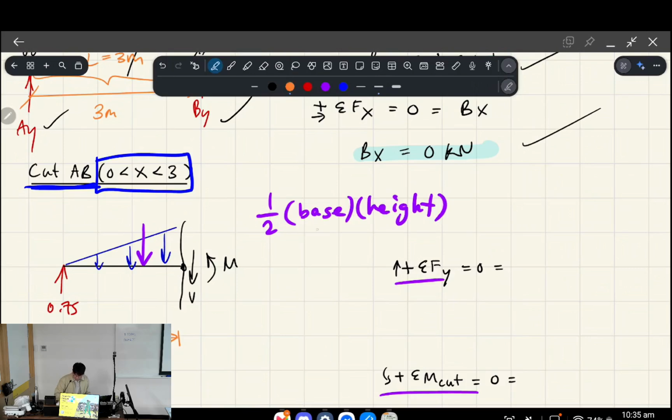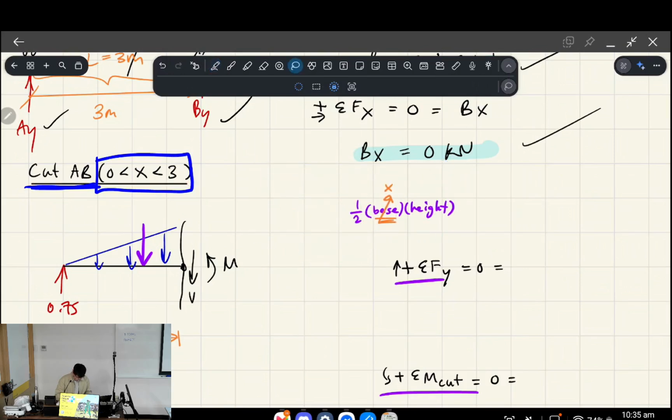The base, when it's moving, is x, okay? So that's fine. But the height also moves as you go along the beam. So we also need an algebraic expression to describe the height of this moving triangle that's growing in size, okay?